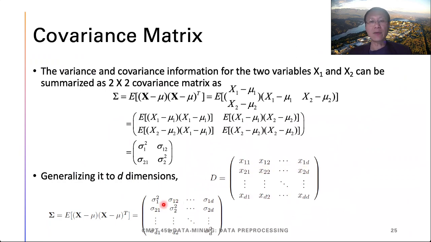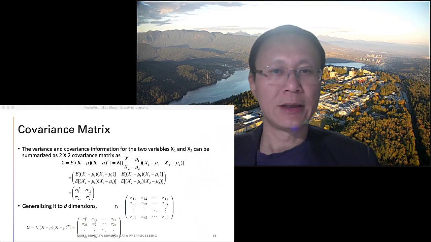And then we can form a D times D matrix where the diagonal entries are the variances of those attributes, and the cell ij is the covariance of attribute i and attribute j.